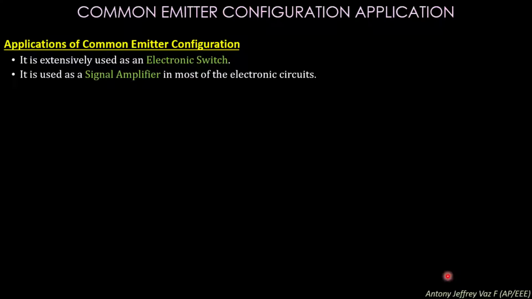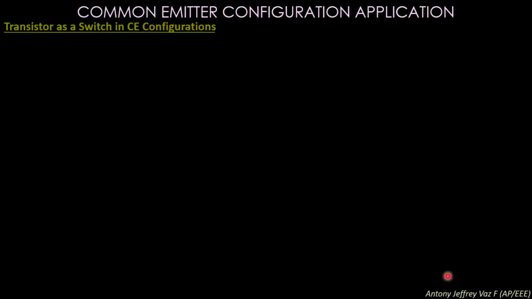In the case of electronic switch, the transistor is going to act as an automatic switch. In the second case it is going to amplify the input signal you are giving to the transistor. We will see in graphics how these things happen.